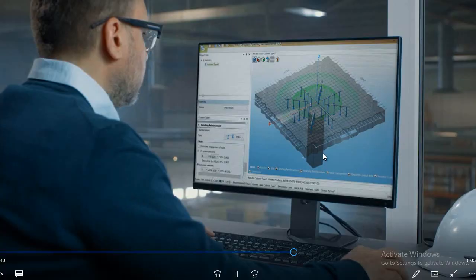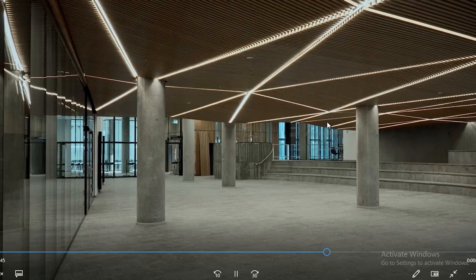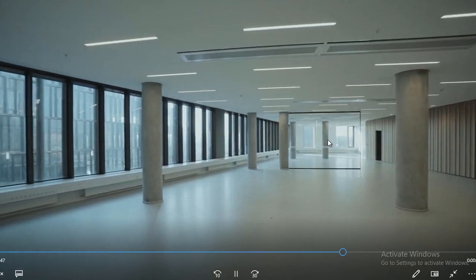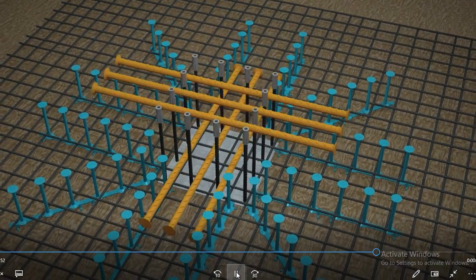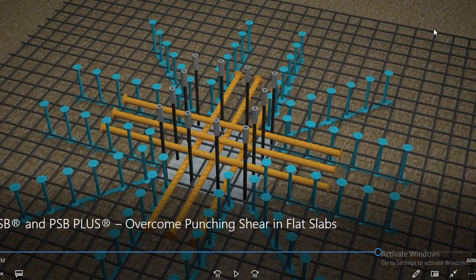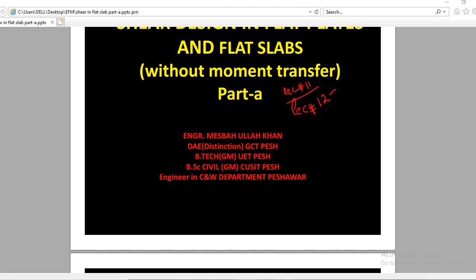We thoroughly saw its theoretical portion, and the limitations of the ACI code on these studs. In today's lecture we will cover the design.